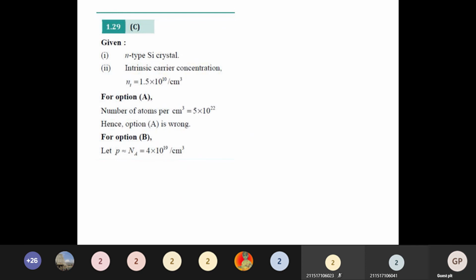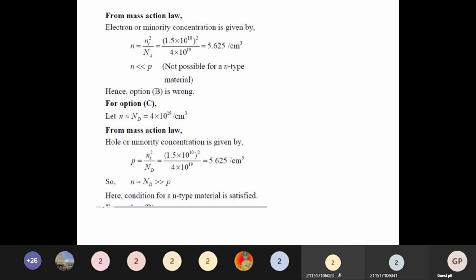Option B we are taking. Here we can consider P equal to the acceptor atom, equal to 4 into 10 to the power 19. But if you substitute the Na value, we get n less than p. Our concept is that n must be greater, because the material is n-type material.